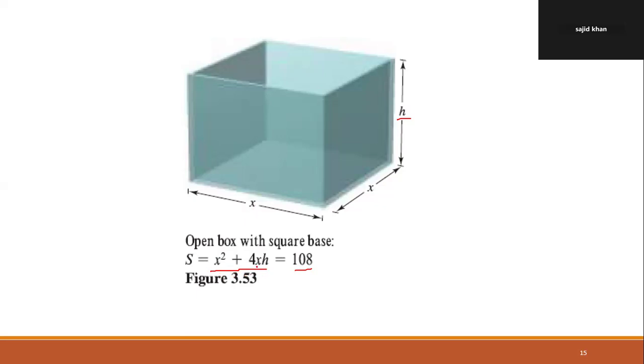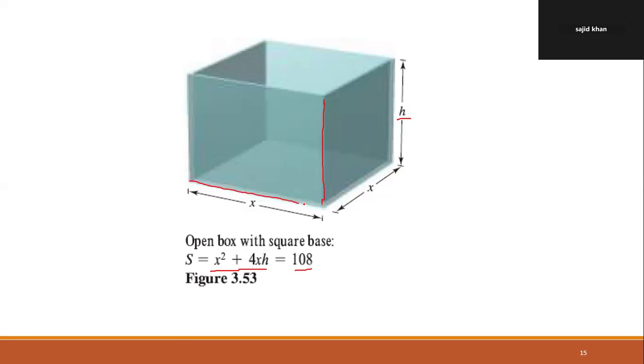Because it is a square base, it has an area equal to x square. And to calculate the surface area, you know that the height has four surfaces, and the area of one surface is h multiplied by x.